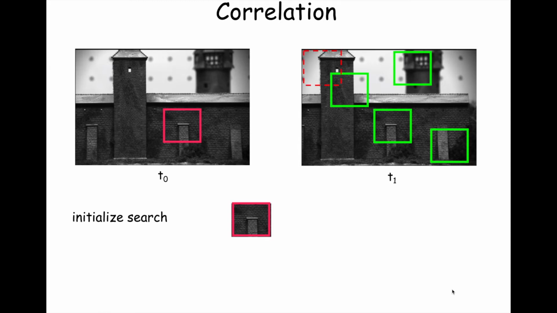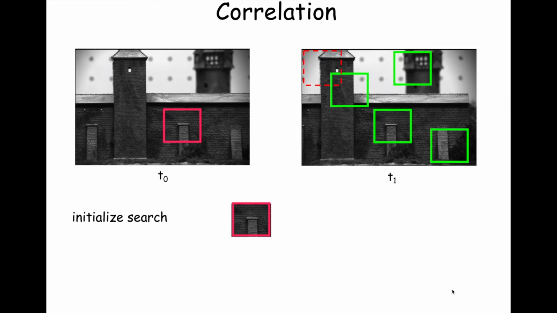And so you start out, you initialize your search, and here you can see at the version of the image for time T1, we have this dotted version of a cropped region. And so we're going to take that dotted search area, and we're going to move that around the image in regular increments, looking for that part of the image at time T1 that most closely matches the original position of that particular patch in the image at time T0.